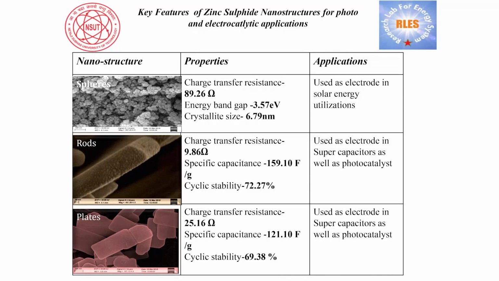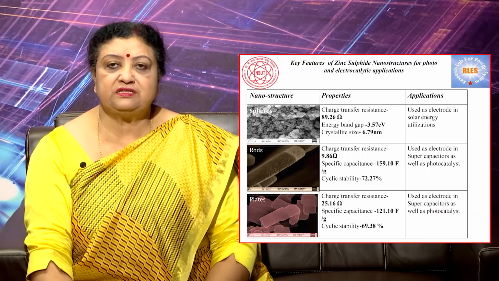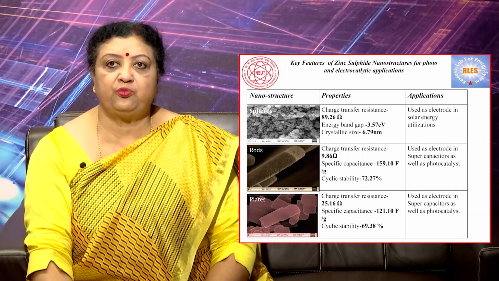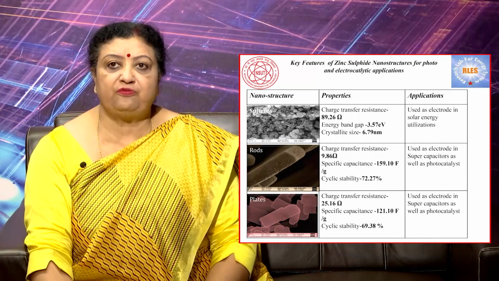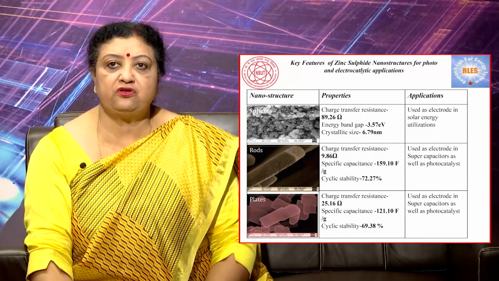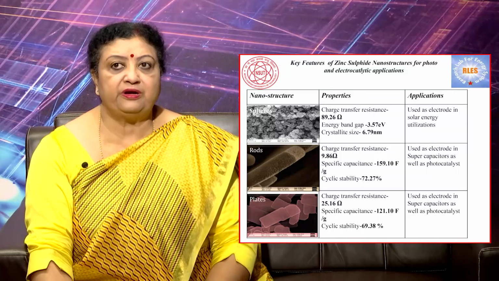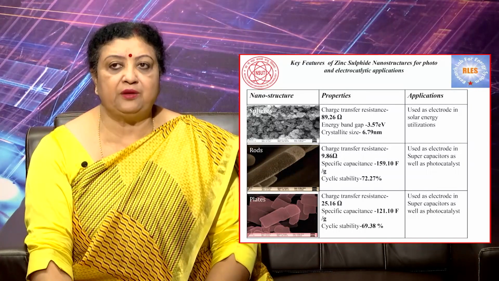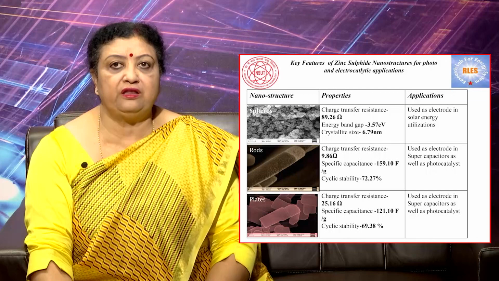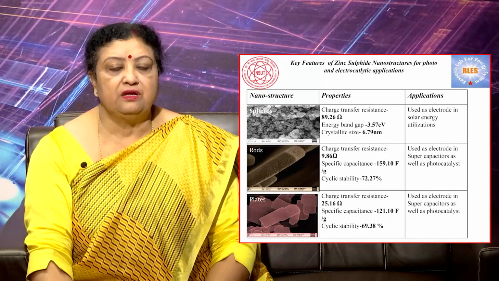For the ZnS rod-like structure, the charge transfer resistance is of the order of 9.86 ohm, specific capacitance is 159.10 farad per gram, and the cyclic stability is 72.27%, and it can be used as an electrode in the supercapacitor as well as the photocatalyst.